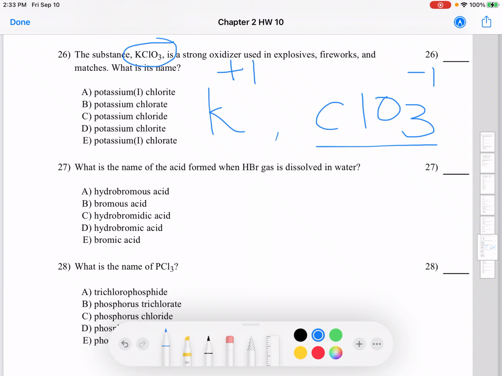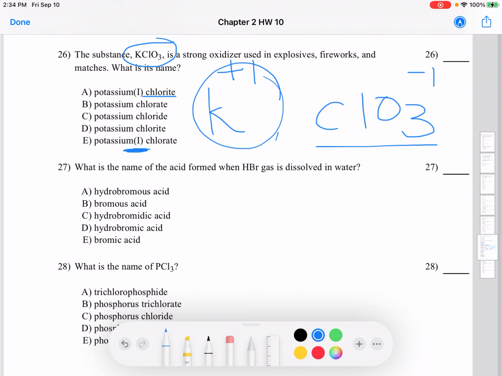It's not potassium chloride because you will see what are the formulas for chloride and then chlorate. You see what is the formula for chlorate, chloride, and then the chlorate. You do not need to put the parentheses because it's a main group element. Only transition elements you would put the parentheses.